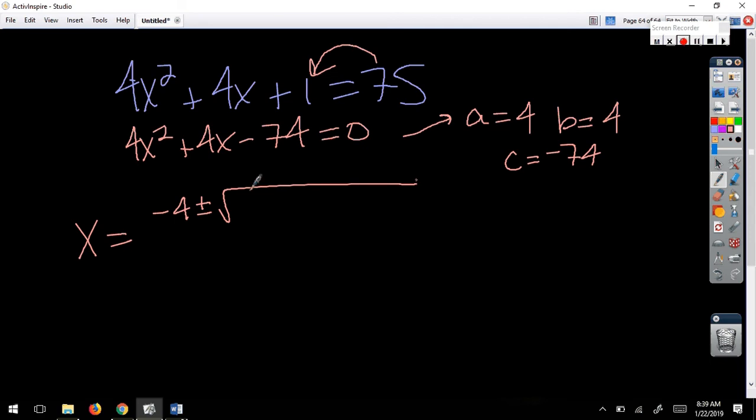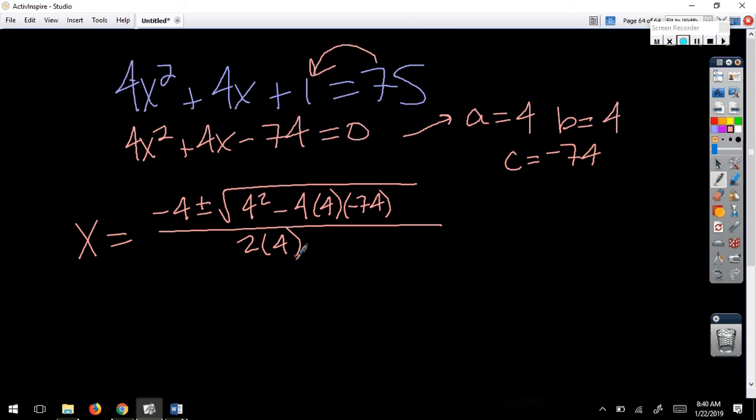So it's opposite. B squared minus 4 times a times c, and everybody goes over 2 times a. It's not just the radical that's over the 2a. It's the entire thing. Everything gets divided by 2a.